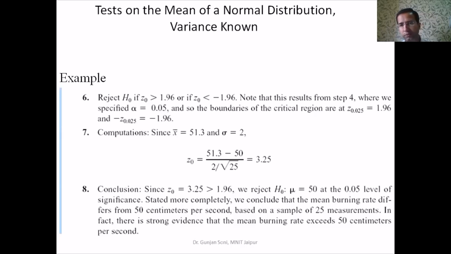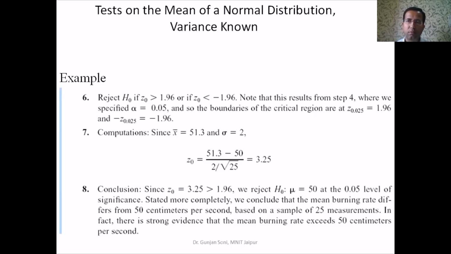Because if I'm taking alpha as 5%, it would mean that if I do this hypothesis test 100 times, drawing different samples 100 times, out of those 100 samples, 95 samples are going to give me the same conclusion. So, in fact, that's what's written over here. We conclude that the mean burning rate differs from 50 centimeters per second based on sample of 25 measurements. In fact, there is strong evidence that the mean burning rate exceeds 50 centimeters per second.